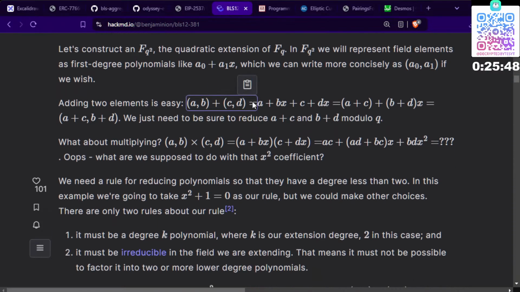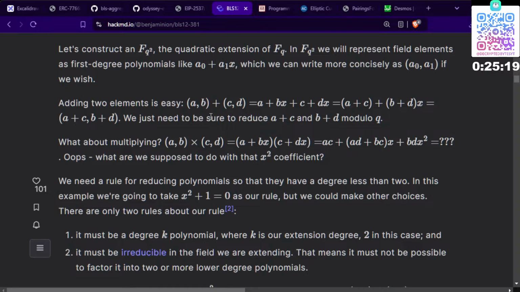Adding two elements is easy. (a, b) plus (c, d) equals a plus bx plus c plus dx, equals (a plus c) plus (b plus d) times x.